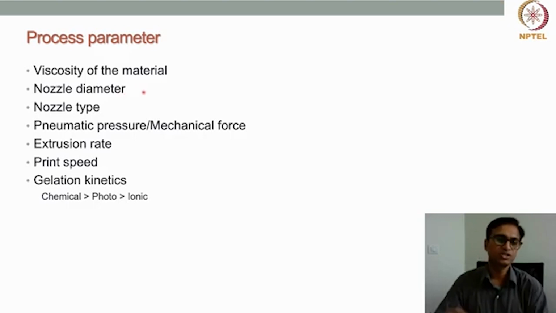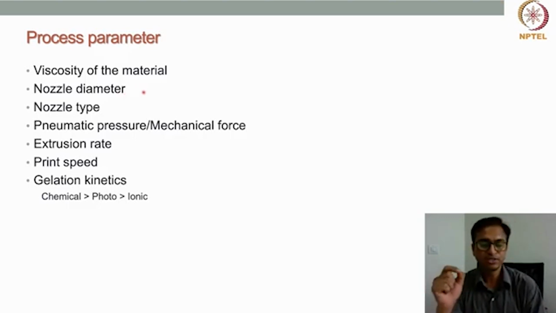If suppose your nozzle diameter is very fine, then the extruded filament also will be very, very fine. So the diameter of the nozzle directly corresponds to the extruded filament diameter. Right?